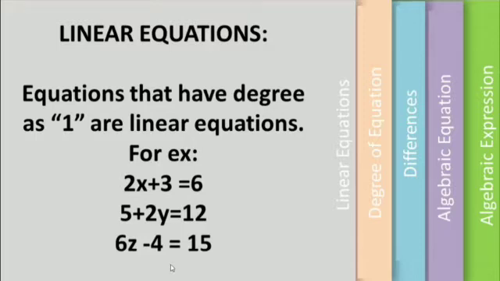Friends, let us now try to understand what are linear equations. In the earlier sections, we have come across several algebraic expressions and equations. Some examples of expressions we have done so far were like 5x, 2x minus 3, right? 3x plus 2, etc. Some examples of equations are like 2x plus 3 equals 6, 5 plus 2y equal to 12, and so on. You remember that equations use the equality sign which is missing in the algebraic expressions.